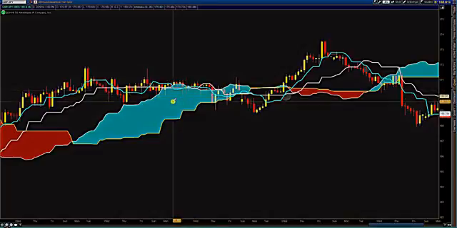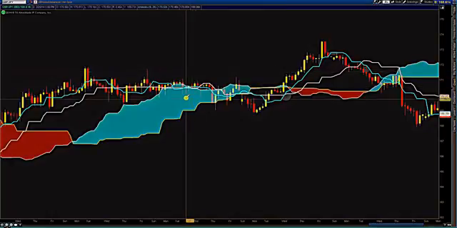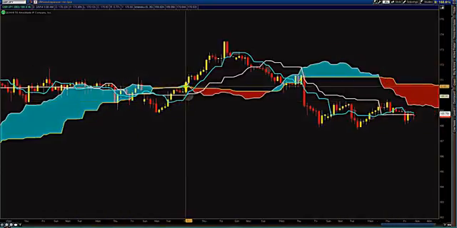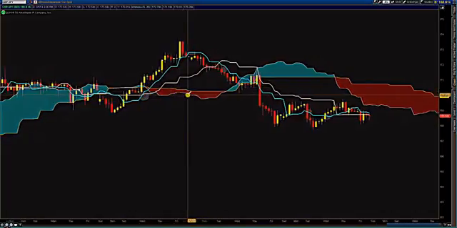So we would need a huge tilt in one direction in the market for price to break through it. In this case, very small cloud. Price broke above it with a nice impulsive candle, and we had a bullish cross.